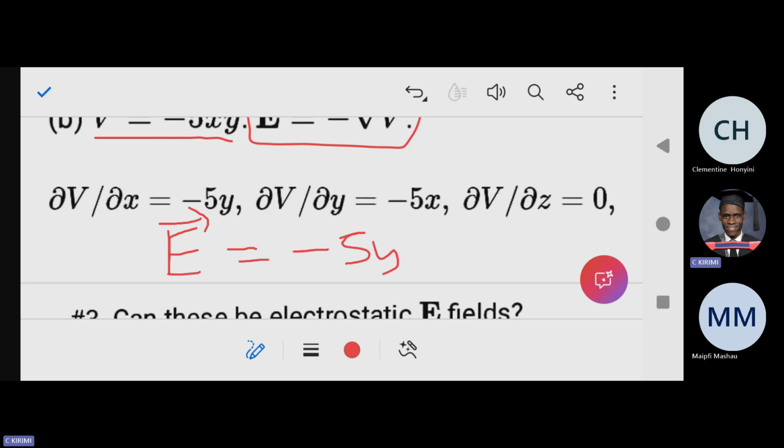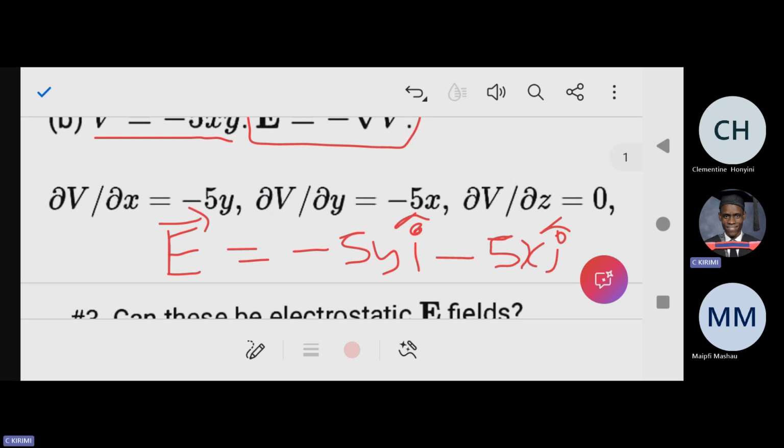You can write that in the i direction, the unit vector, or use x with a hat. Then minus 5x in the j direction with the hat. And lastly, plus 0, which means it does not have a z component. Plus 0z, still 0. You can leave it like this. Any question?